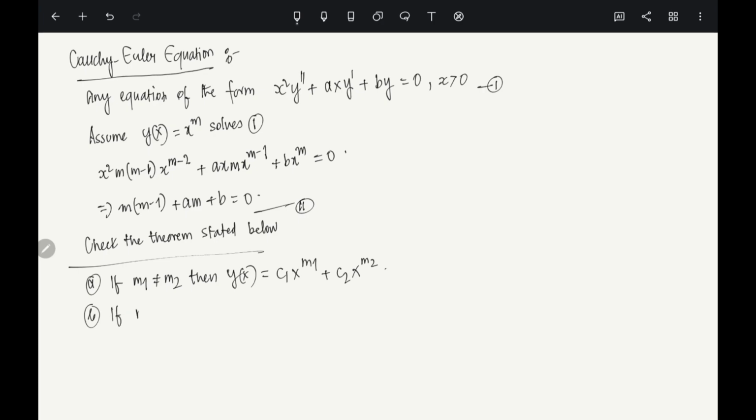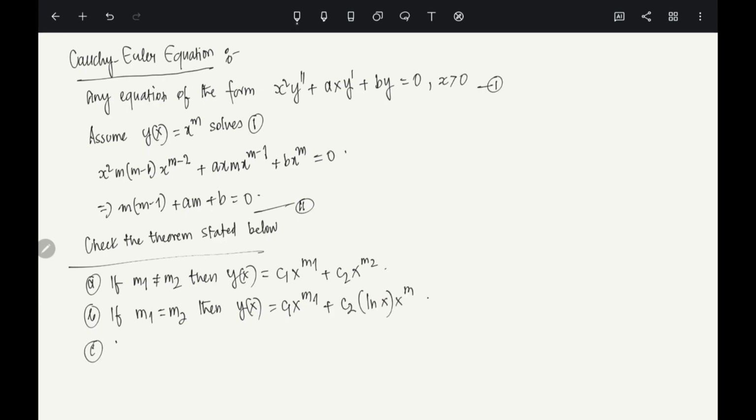Now if m1 equals m2, real and equal, then y of x will look like c1 times x power m plus a second term. In the earlier case we got just an x, here we are going to get log x times x power m.